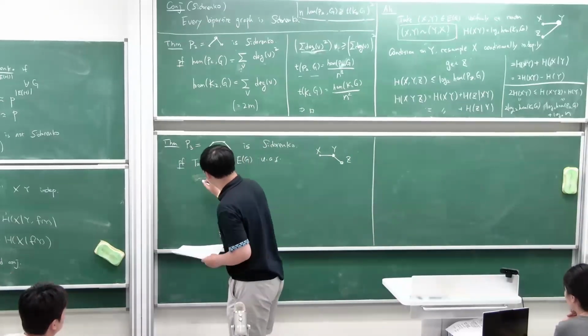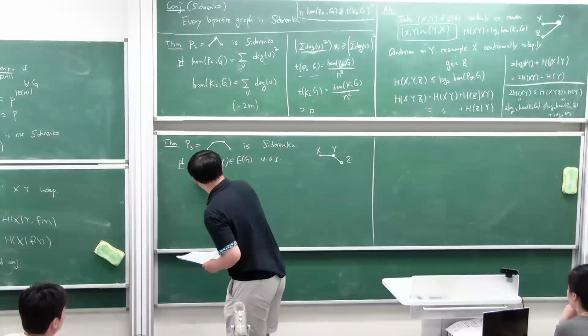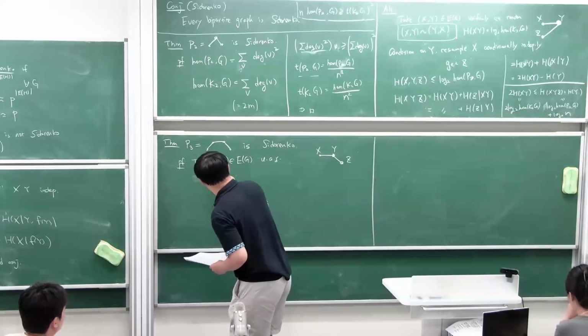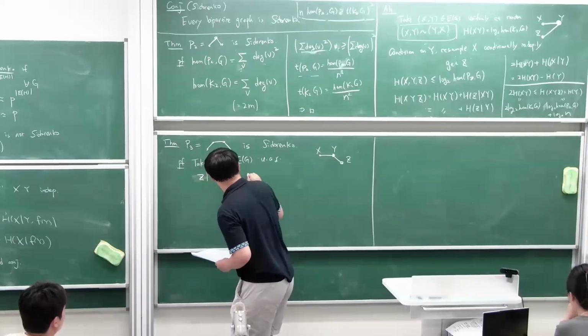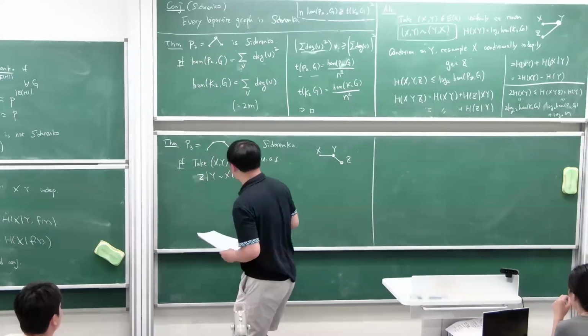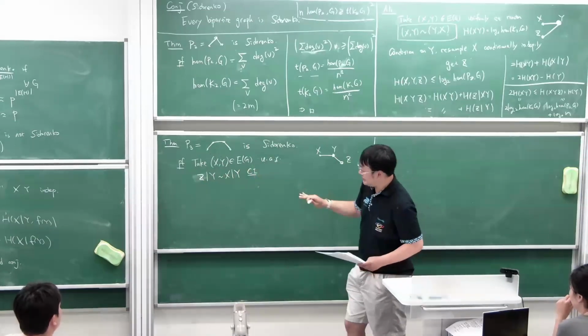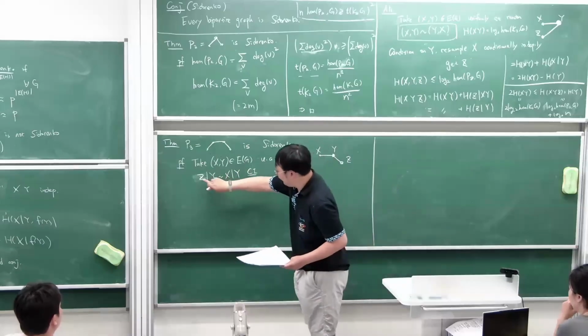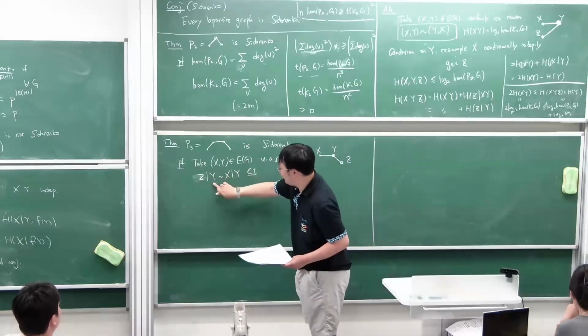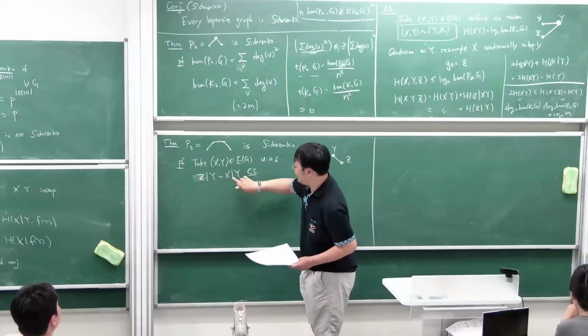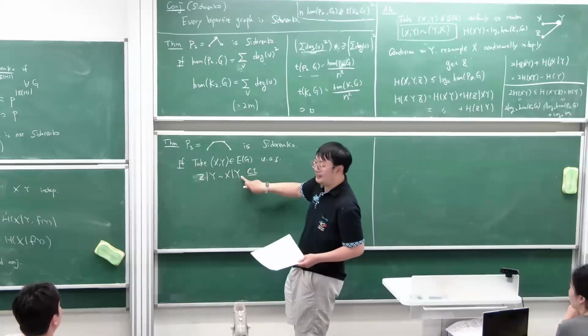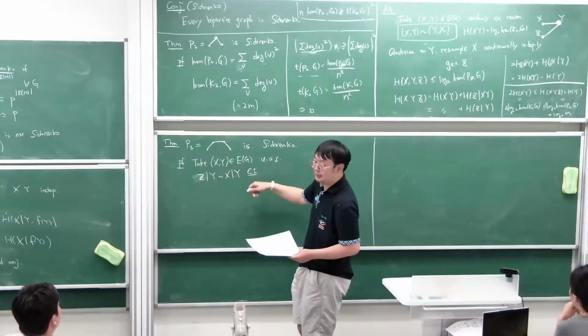Let me write it in the lazy convention. By writing this, I mean I'm sampling Z given Y the same as X given Y, and this should be conditionally independent.